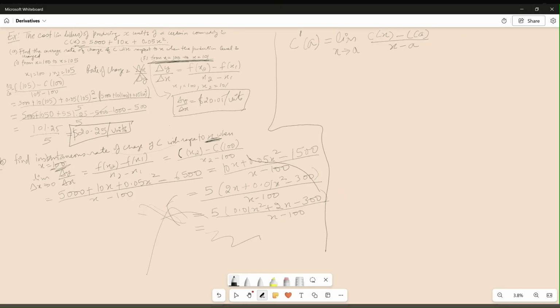Okay, let's start plugging the value into this function. So C of x is 5000 plus 10x plus 0.05x squared, minus C of a. So instead of x, we are going to plug in a here.